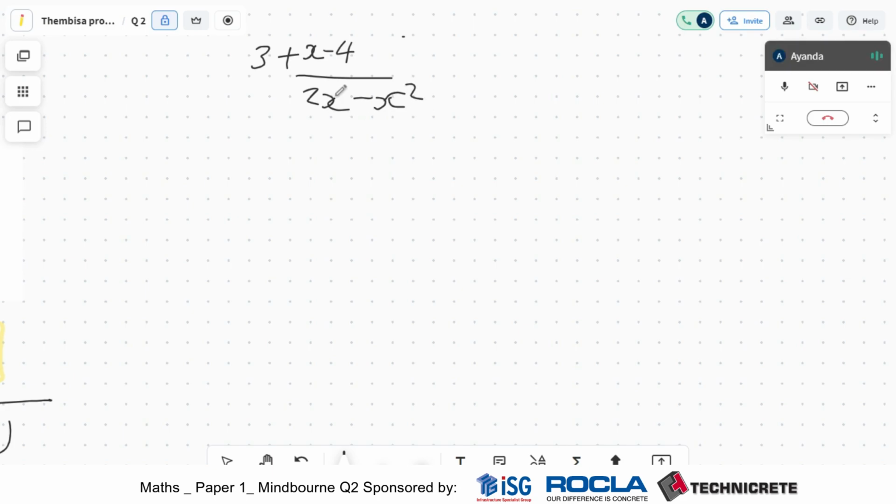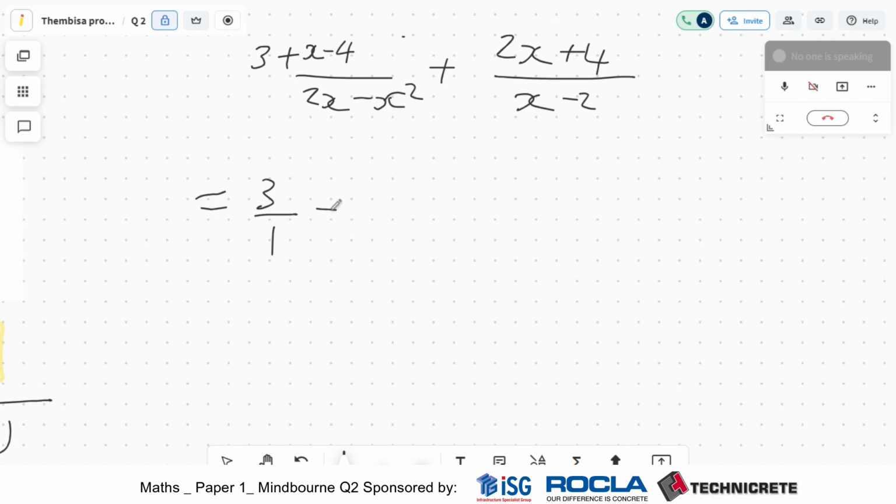You can already see that we can take out a common factor of x over here, plus 2x plus 4 over x minus 2. So let's start off by taking out that common factor. So that's 3. We can even turn this into 3 over 1 plus x minus 4 remains as it is.